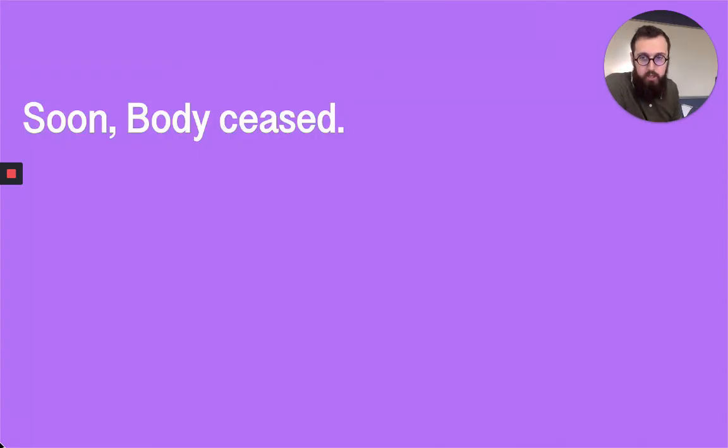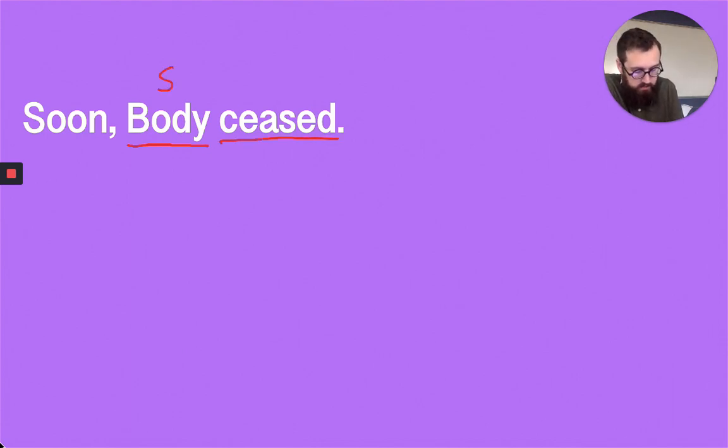And last one, soon body ceased. Body is a character in our story that we will read next week. So this is a sentence because it expresses a complete thought. It's a declarative sentence because it makes a statement. My sentence is about body, so that is the subject. What did body do?